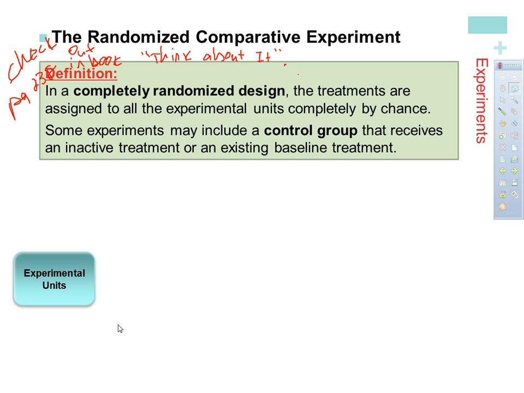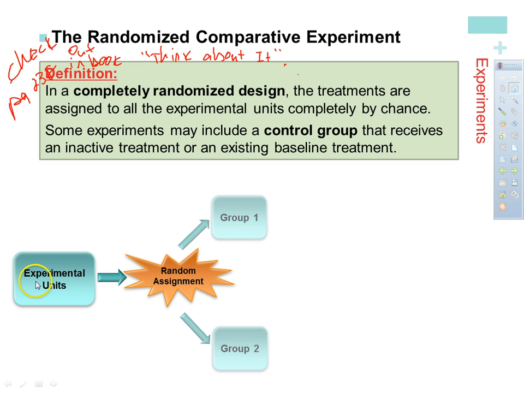And there are other types that we'll talk about a little bit later on. And in order to do that, you could write in paragraph form, if you'd like, exactly how you would go through and carry out the experiment, or you can make use of this diagram and shorten a lot of work for you. And so in this diagram, you can first list your experimental units, and you'd want to specifically say how many and what those experimental units are.